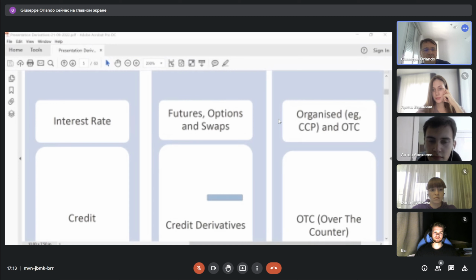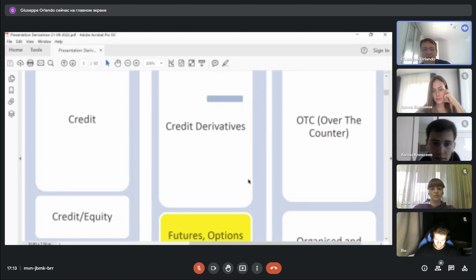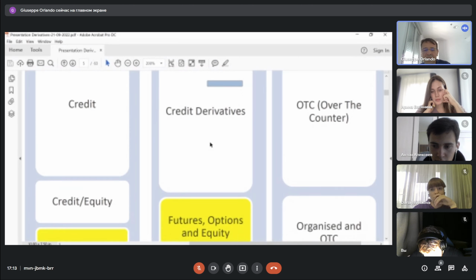So it's clear to everyone what a swap is? So, again, there are two sides. Then they create derivatives that are linked to the likelihood that someone will default.